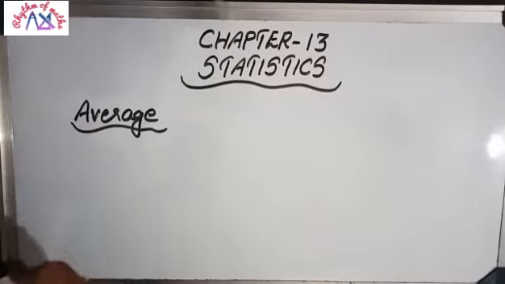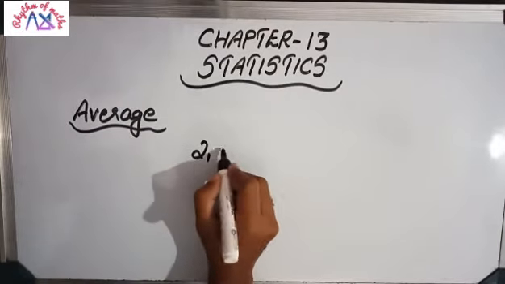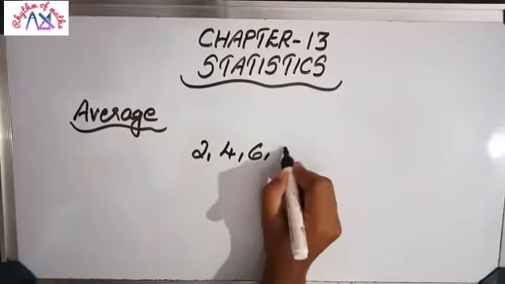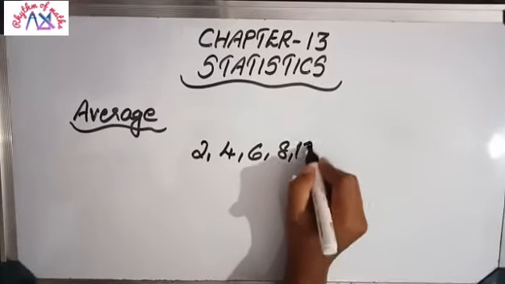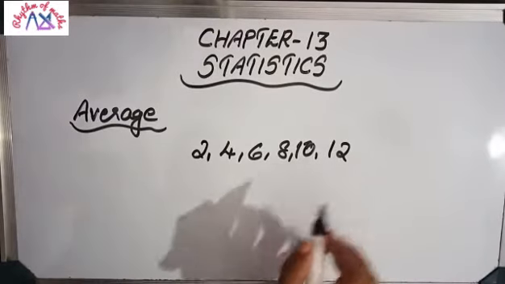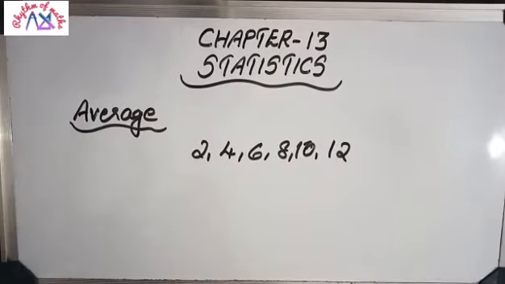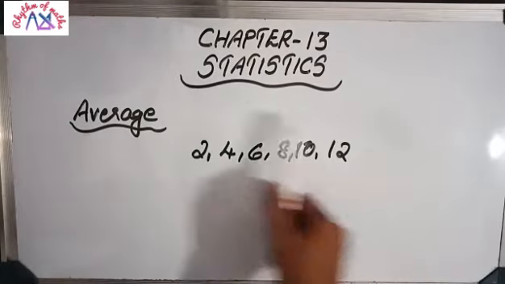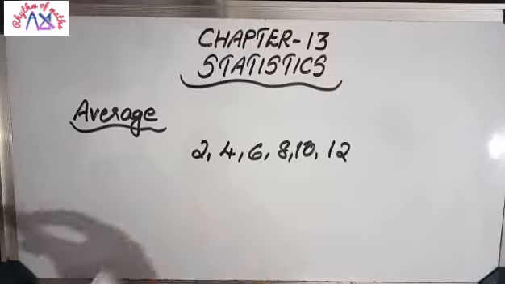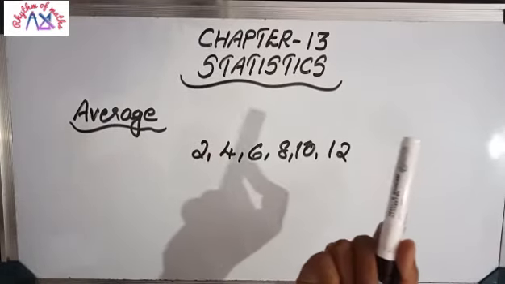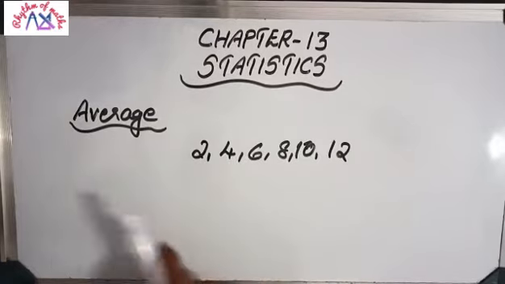Here average means, if we have a particular number set, for example 2, 4, 6, 8, 10, 12, the average will be in between these numbers. That means average mark, average monthly income, average age, average weight, etc. we can find.